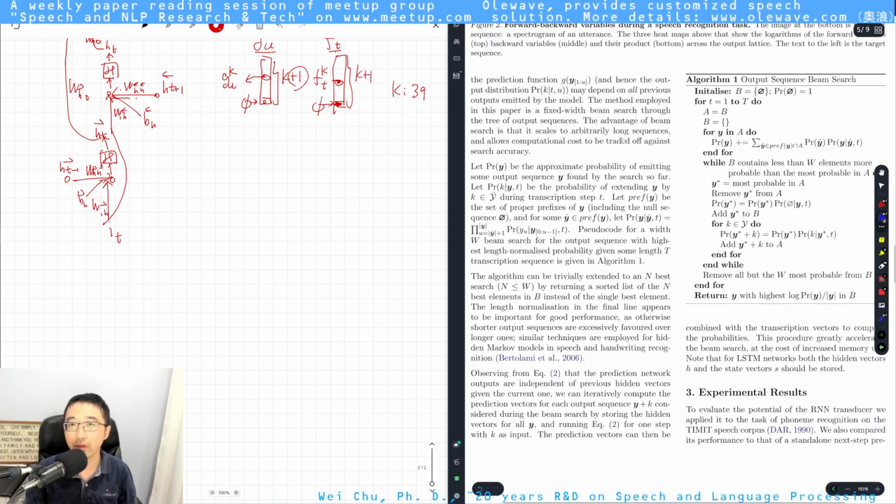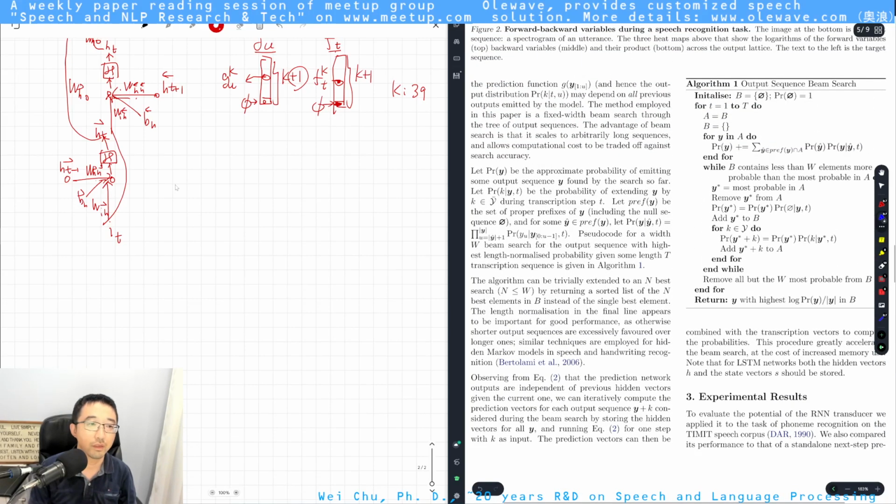So the purpose of inference or testing is that I give you an input speech feature sequence X, and what is the output sequence?